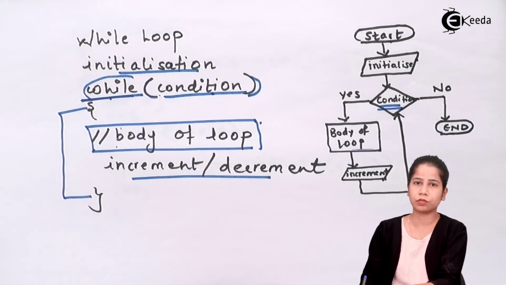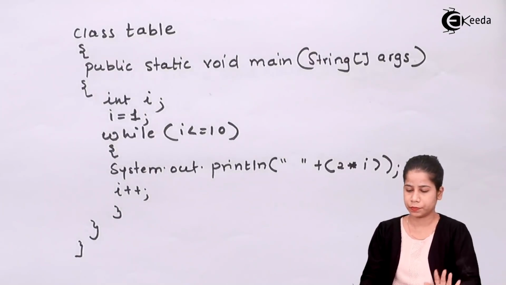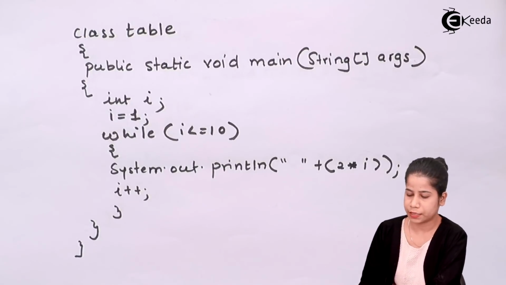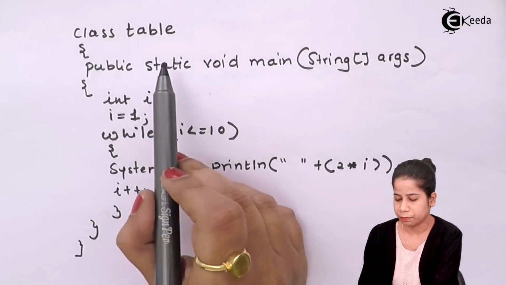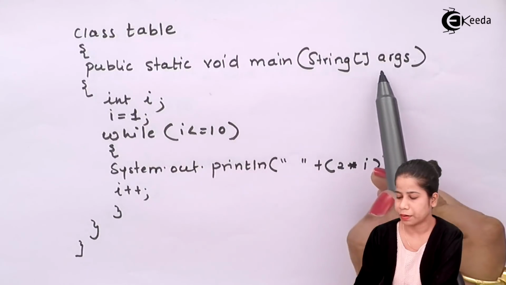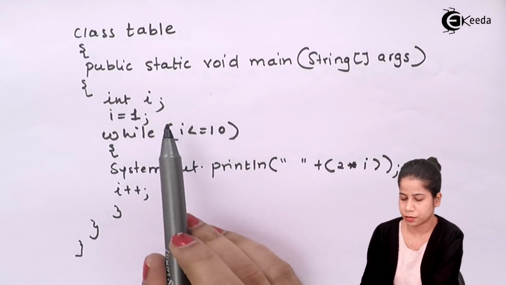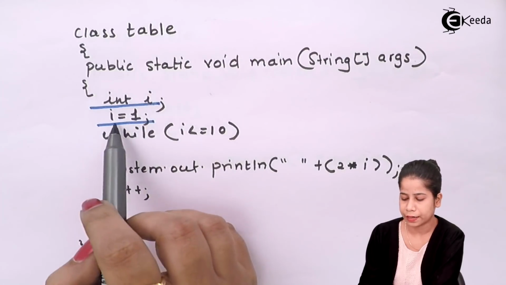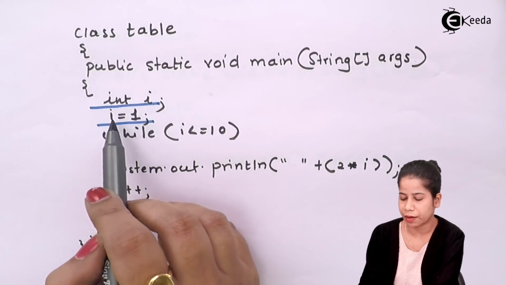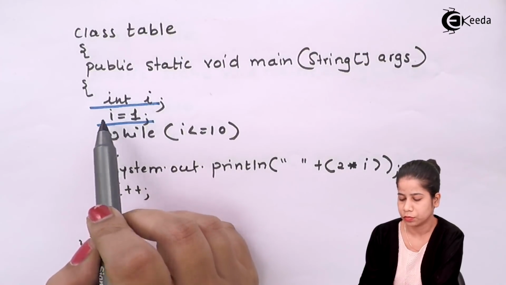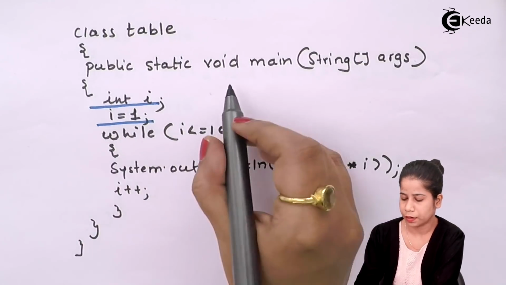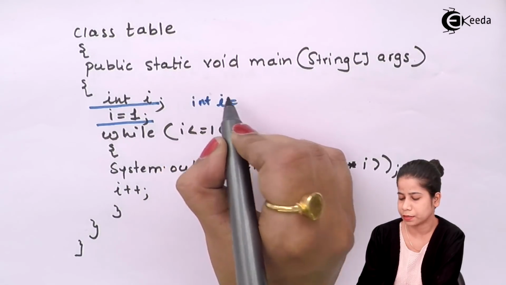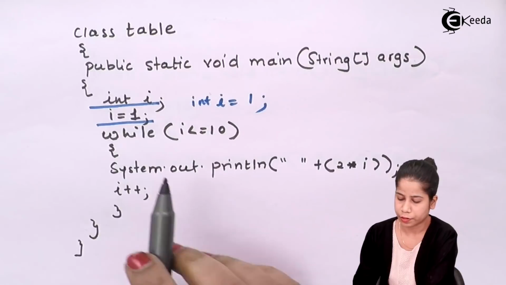So let's have a look at the program. Here I have a class Table, with public static void main and String args. Here I have a variable i, and I have assigned the value 1. An alternative to this statement is to write int i = 1.